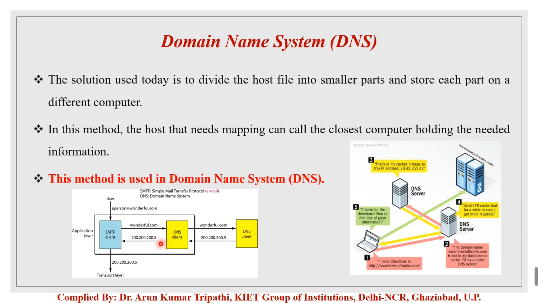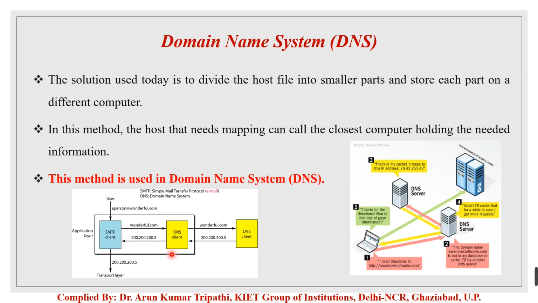Here is the description. Firstly, it will search in the DNS client, meaning itself. If it finds the conversion of the name to the IP address, it will return it back to the client itself.